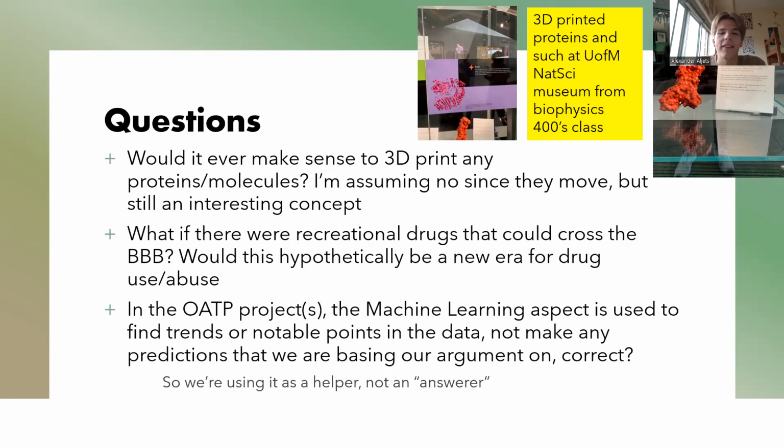So would it make sense to 3D print stuff? I'm assuming not, because I don't think it would work to test whether a substrate would go through an OATP, because there's motion in real life and stuff. But I thought about it.